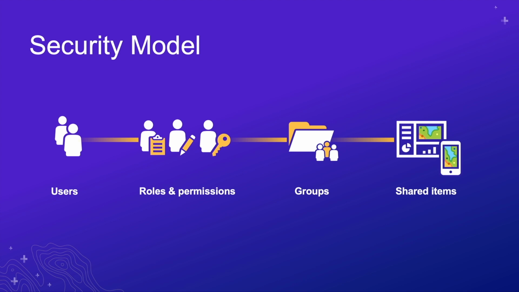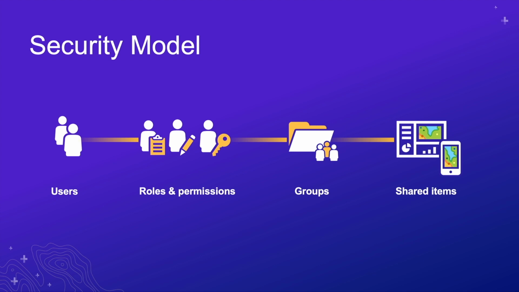We have a concept of groups within this security model, and groups really enable you to have a collection of items within a group context, and then you can add users into those groups, and only those users within the groups maybe can only view those items, or maybe they can interact with or change or update those items.